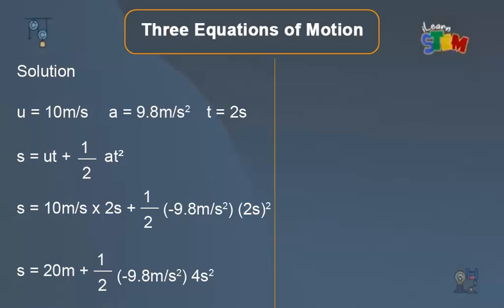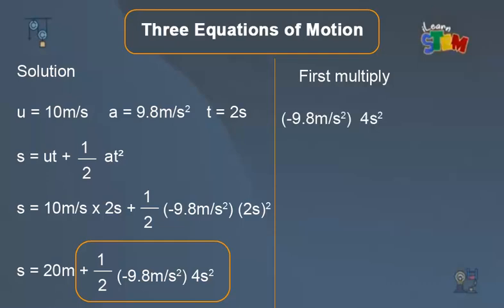Let's calculate the value of plus 1 over 2, bracket minus 9.8 meters per second squared, and 4 seconds squared, step by step. First, multiply minus 9.8 meters per second squared by 4 seconds squared. Second squared cancels out second squared, which equals minus 39.2 meters. Then multiply plus 1 over 2 by bracket, minus 39.2 meters, which gives us minus 19.6 meters.